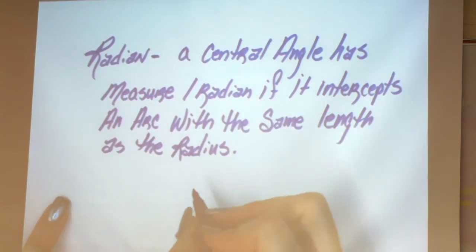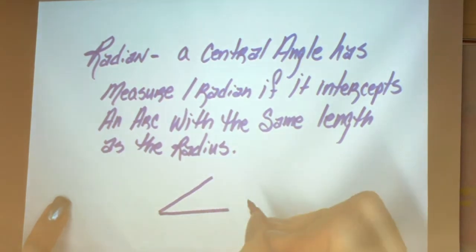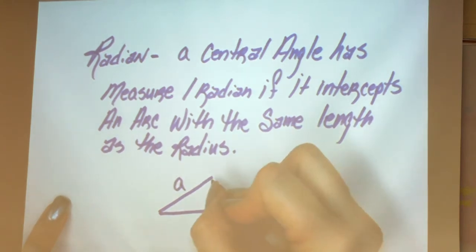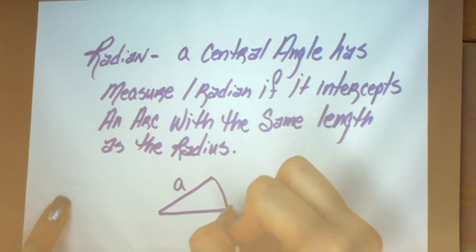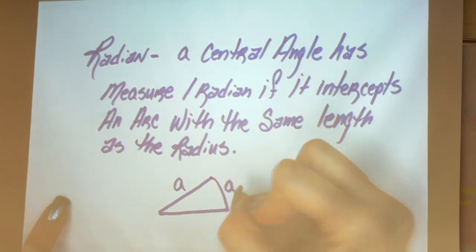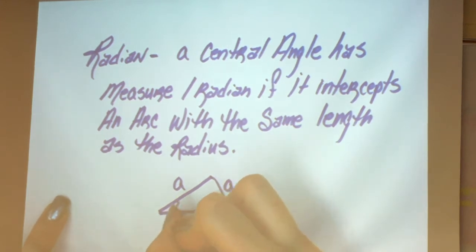Okay, so here's a picture as to what this is talking about. Say I have a central angle. Alright? And my radius is A. Okay? This circle, which is not drawn to scale, obviously, because my A and my arc should be the same height, intercepts, where it intercepts an arc with the same length as the radius, this angle in here is 1 radian.